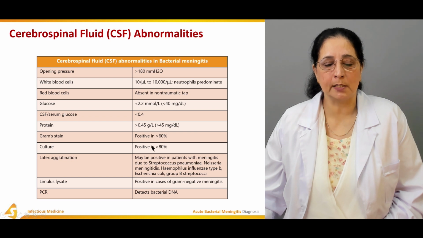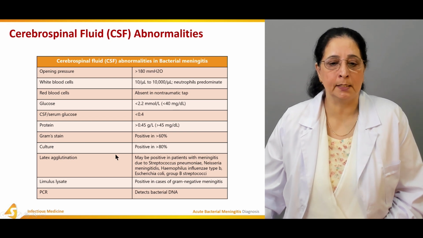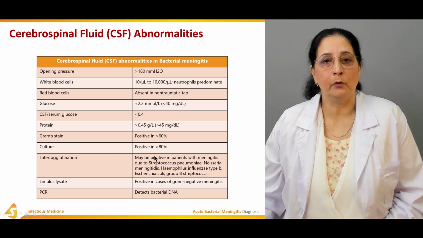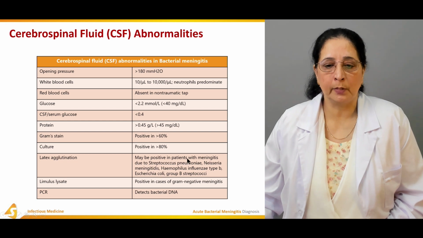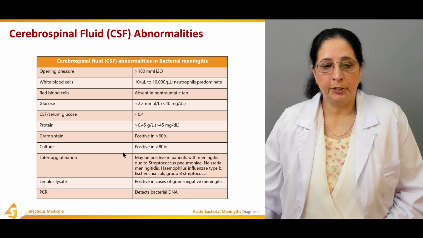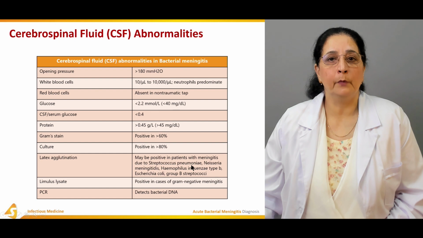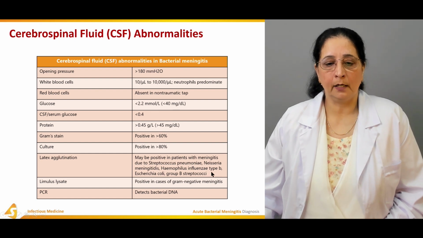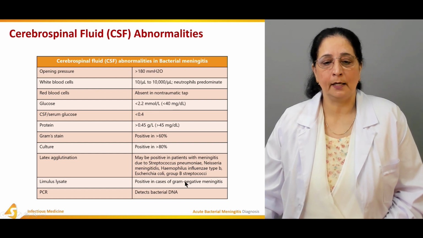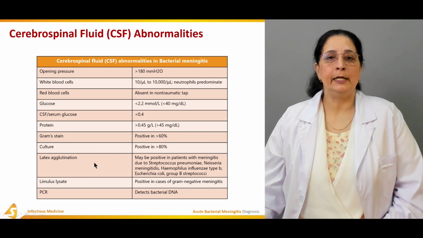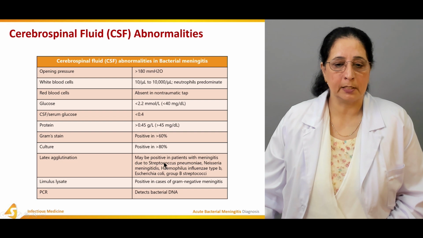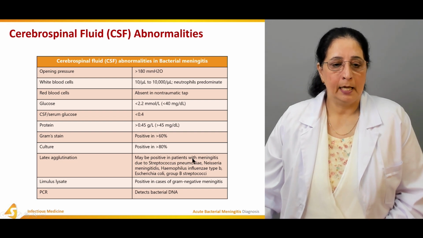Gram stain positive in more than 60%, culture positive in more than 80%. Latex agglutination may be positive in patients with meningitis due to Streptococcus pneumoniae, Neisseria, Haemophilus influenzae, E. coli, group B Streptococcus. So latex agglutination is positive in these cases.